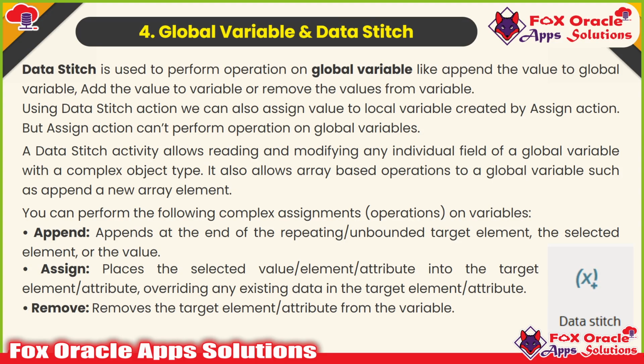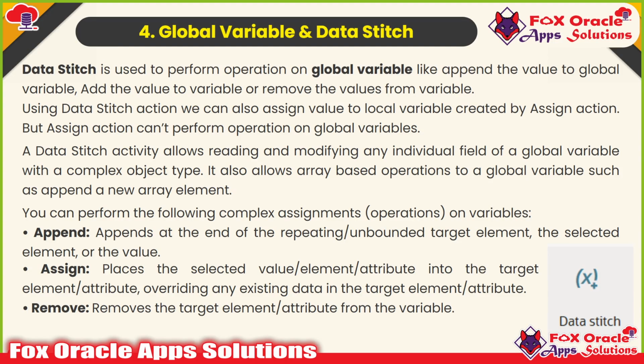When we create a global variable as an array, we have to append values to it so that it can store repeated elements or multiple elements. That's what we are going to do when we create the integration.